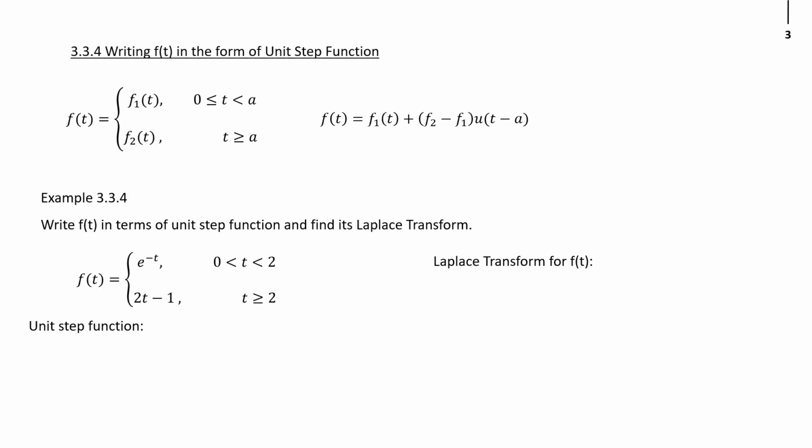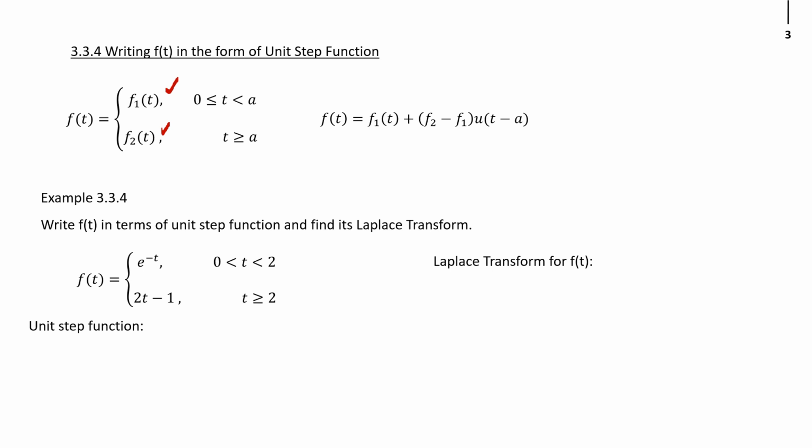Okay, the last part is how to write f(t) in the form of unit step function. You are given that if t is between 0 and a, it equals f1(t), and if t is greater or equal to a, it is f2(t).